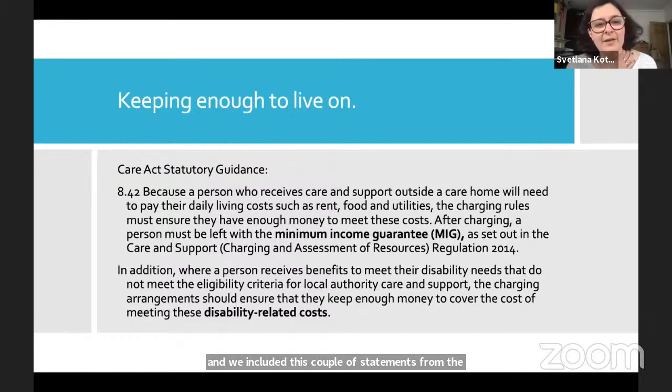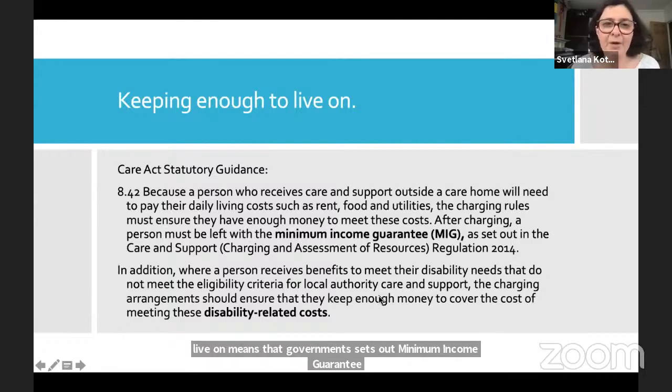But basically, keeping enough money to live on means that government sets out a minimum income guarantee. So the minimum income guarantee is the amount of money per week which a person should be left with.